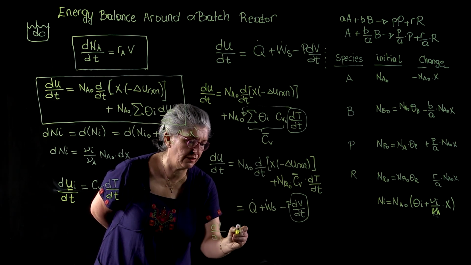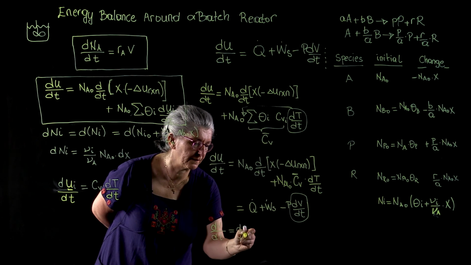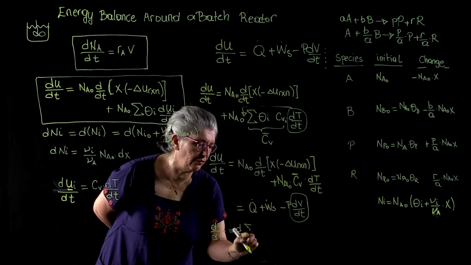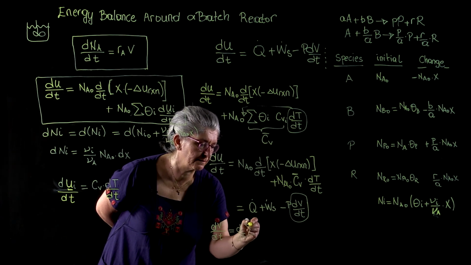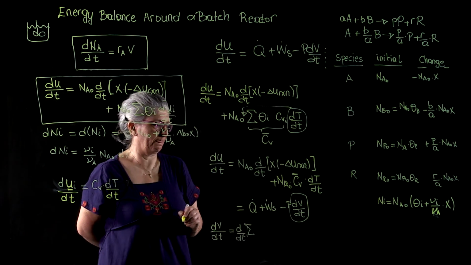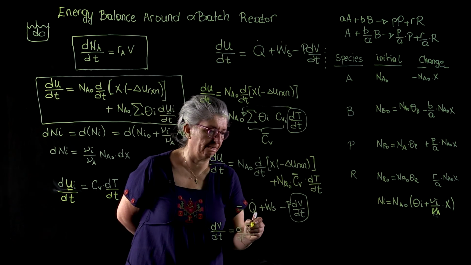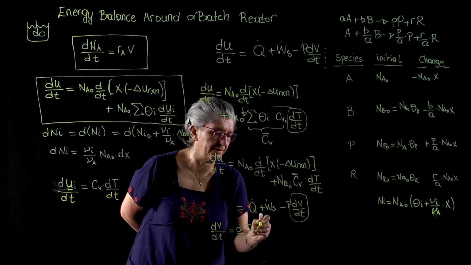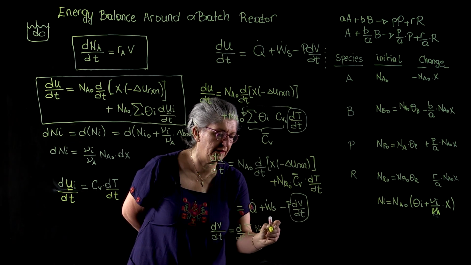This is going to be dV over dt, summation of all the species Ni times Vi.